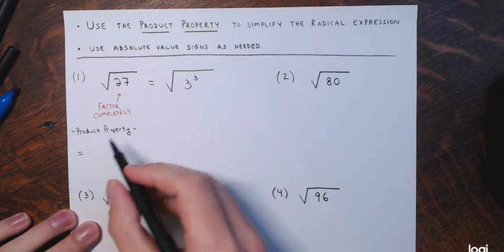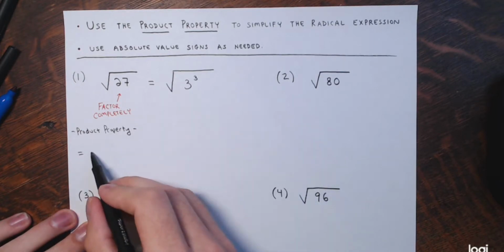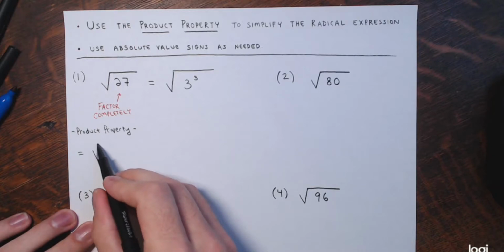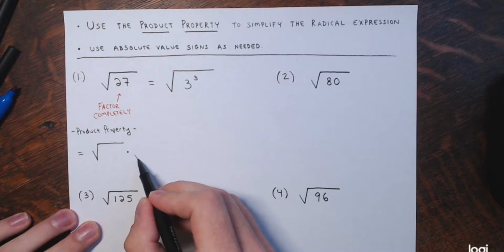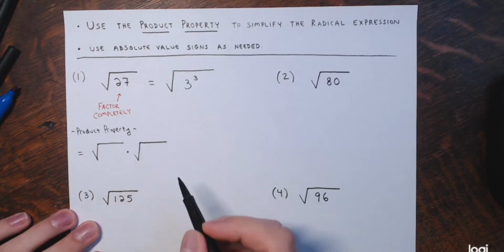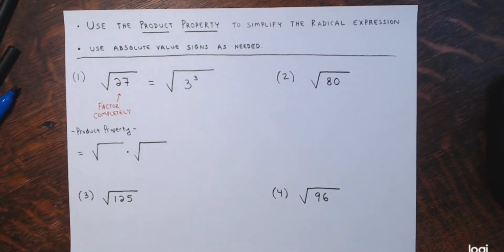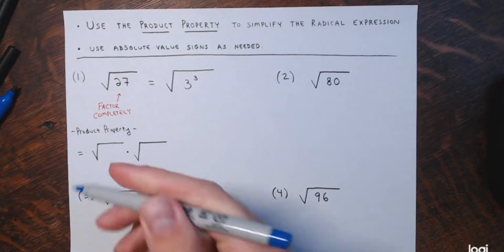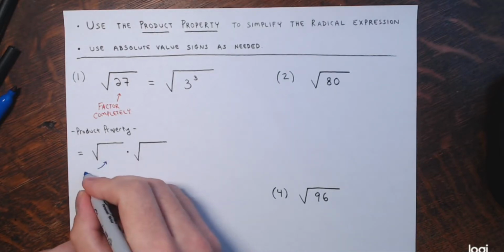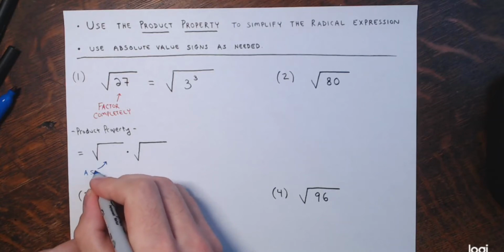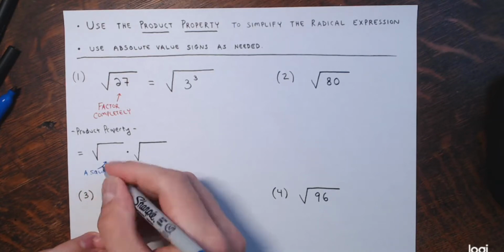I'm going to take this square root of 3 cubed and break it up into a square root times a square root. And then inside the one square root, I'm going to put a square, because it is a square root.